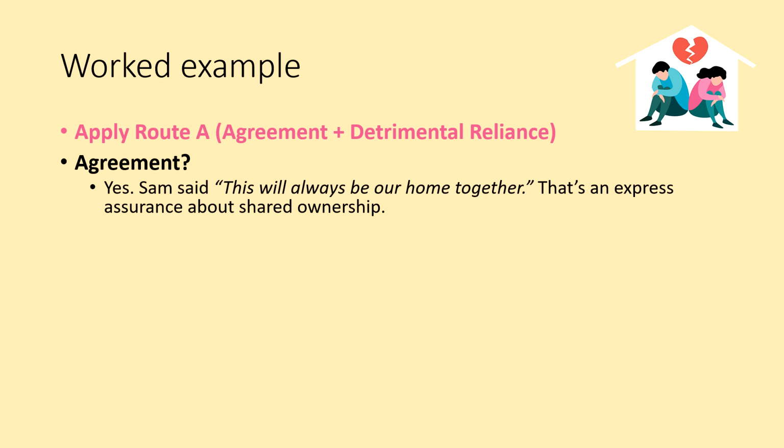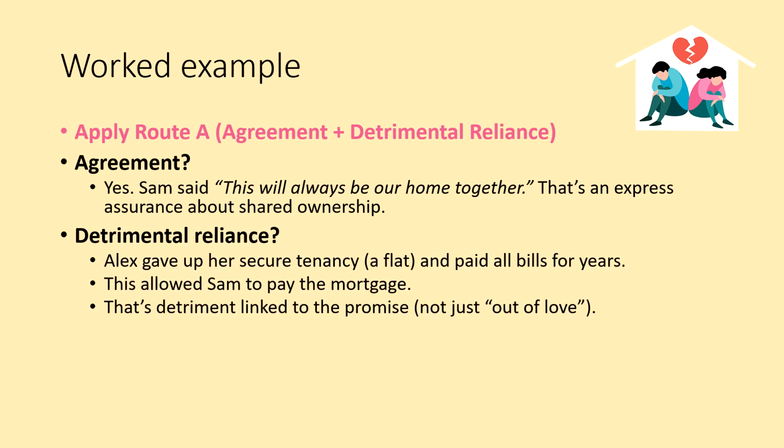For the first route about agreement and detrimental reliance, we can definitely see that there's been an agreement because Sam promised her before she moved in that this would always be their family home. And Alex gave up her own flat, she paid all the bills, she paid for the food, and this contribution allowed Sam to then focus on the mortgage.